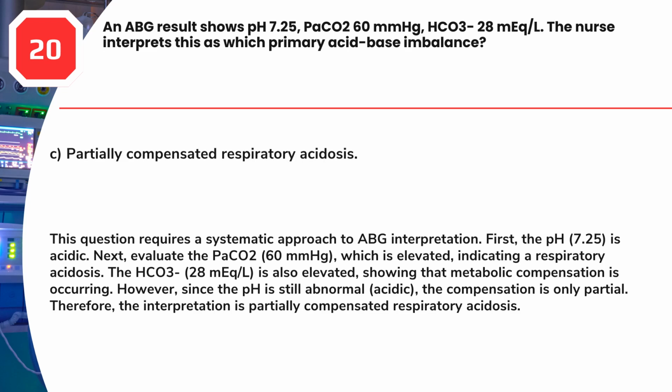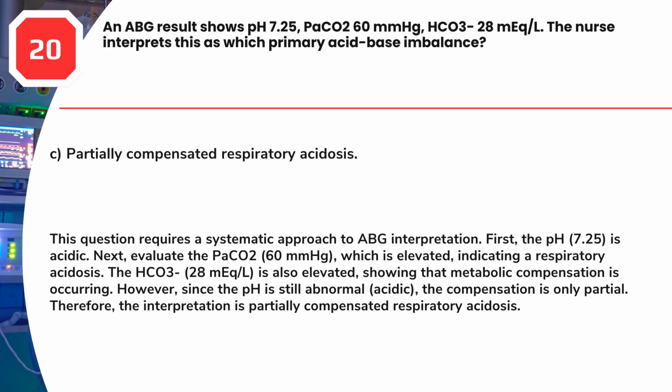Answer C. Partially compensated respiratory acidosis. This question requires a systematic approach to ABG interpretation. First, the pH, 7.25, is acidic. Next, evaluate the PaCO2, 60 mmHg, which is elevated, indicating a respiratory acidosis.